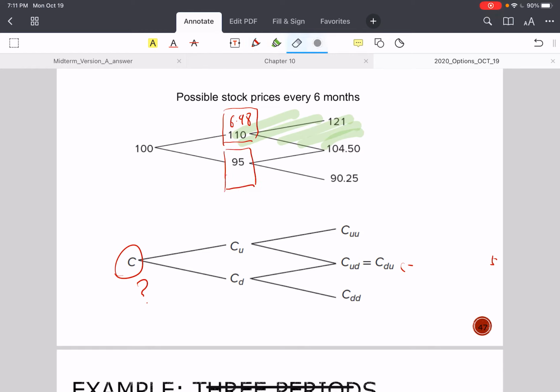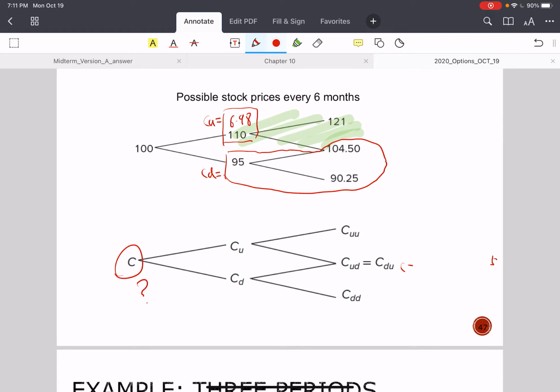So in this case, we will focus on this lower half. Well, in this case, the option price is actually pretty easy to solve. What you can see here is, in this case, you know that your call option has an exercise of 110.